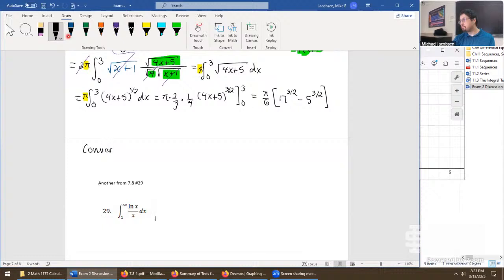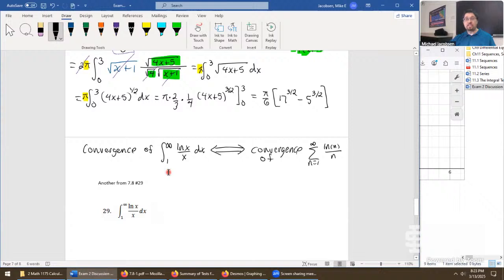Convergence of this integral from 1 to infinity, natural log x over x dx, will occur if and only if we have convergence of a series, summation as n goes from 1 to infinity, natural log n over n.